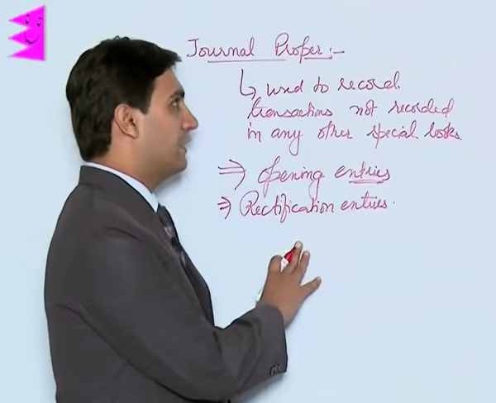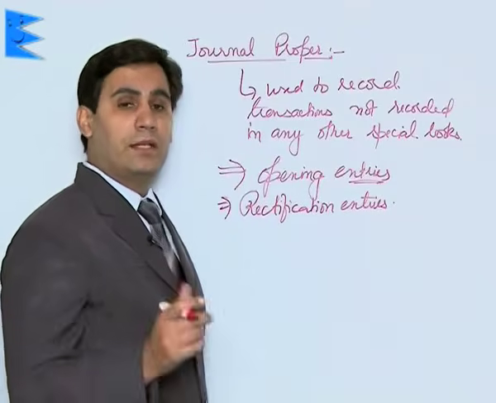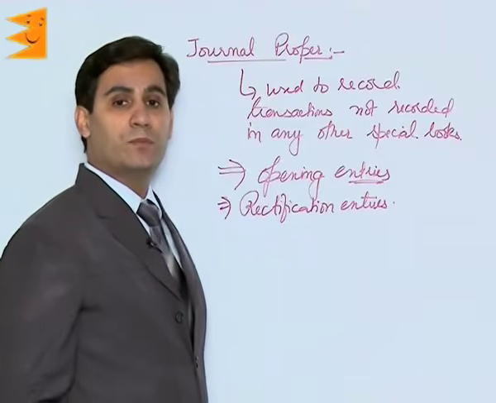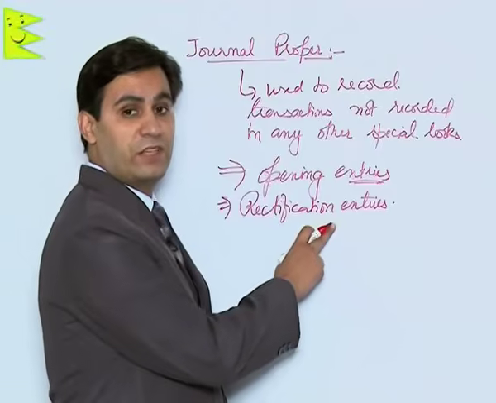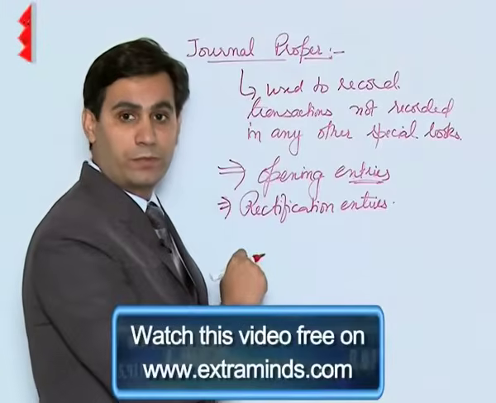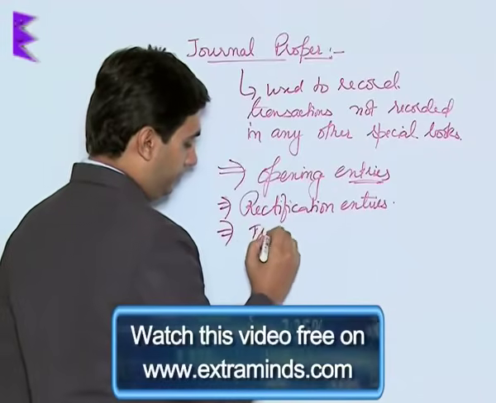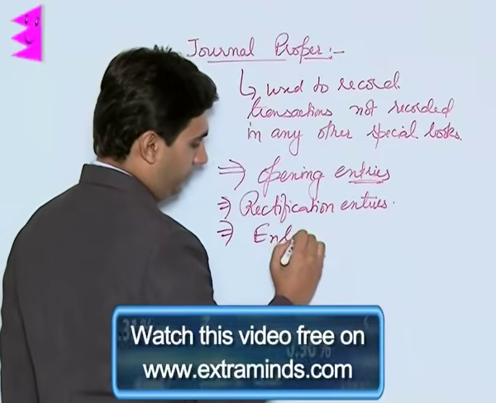Such kind of entries are always posted in or recorded in journal proper. Let's say the total of the purchase book is wrong. So now purchase book will not be used to rectify that error. That error would be rectified through a rectification entry in the journal proper. Then we have transfer. Entries relating to transfer of balances.